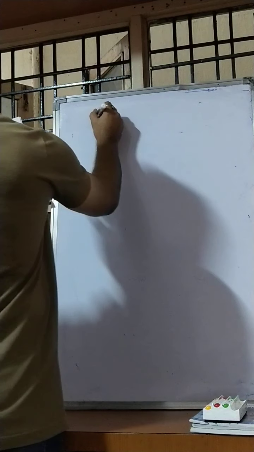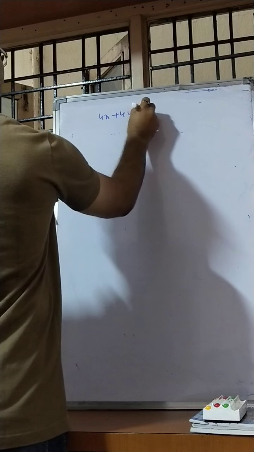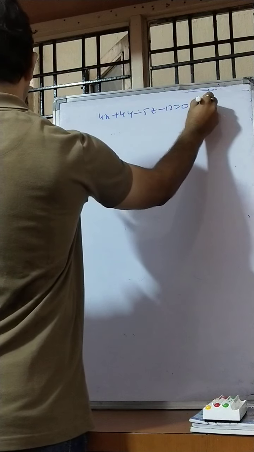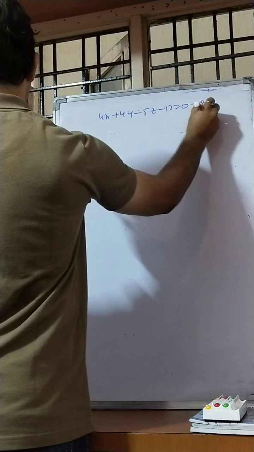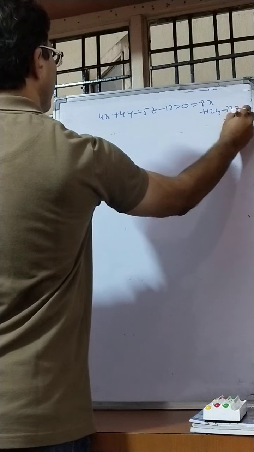They will give it like this: intersection of the planes 4x plus 4y minus 5z minus 12 equal to 0, and 8x plus 12y minus 13z minus 32 equal to 0.